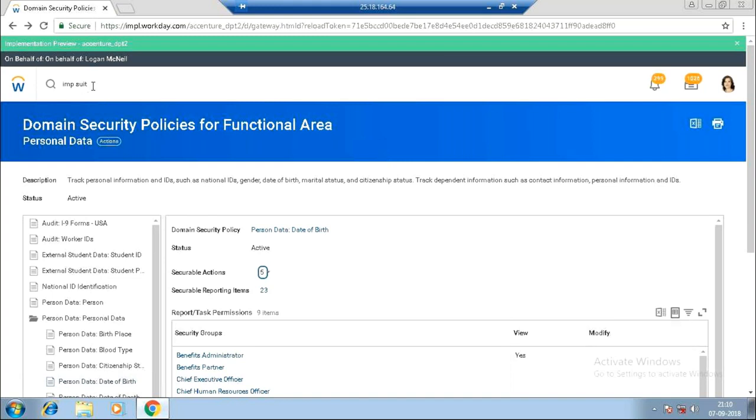Now, another thing I talked about, the security policy, was related to security. Sorry, business process security policy.